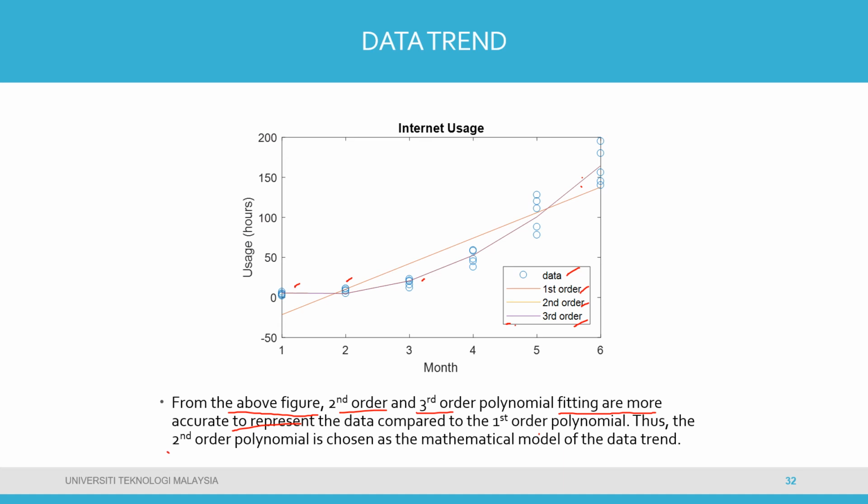Thus the second order is chosen. Usually we choose the lower order, because higher order is harder to compute. You try to choose the lower one. That is how you find the polynomial equation function from the data trend.